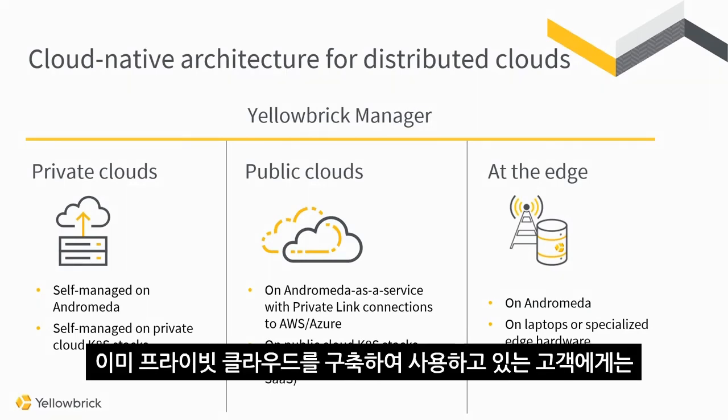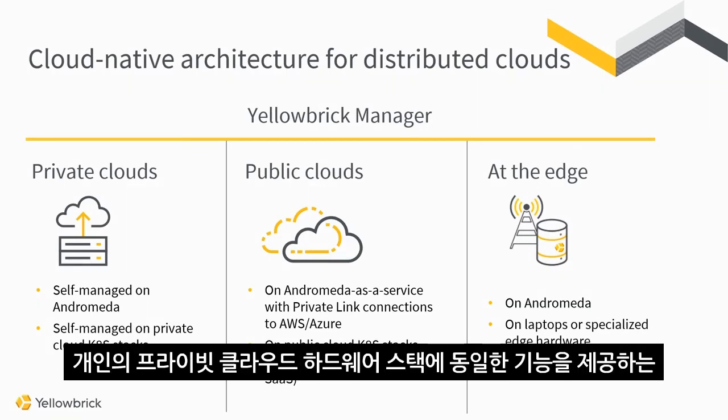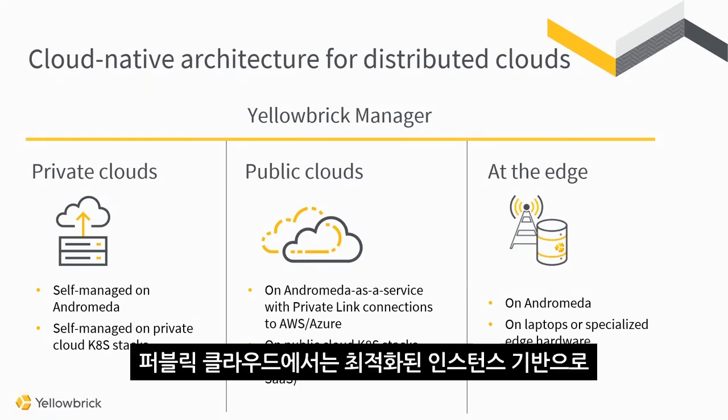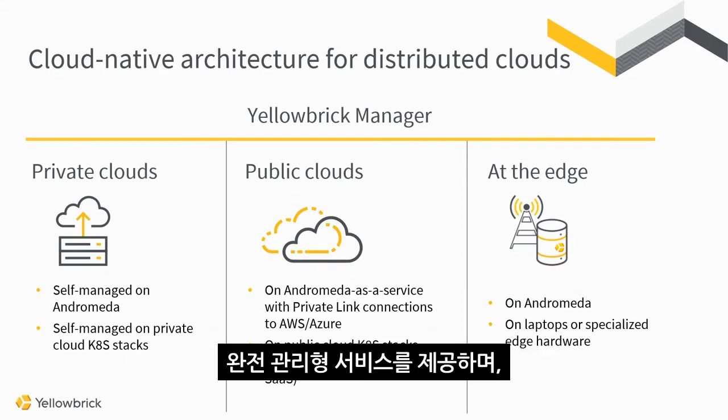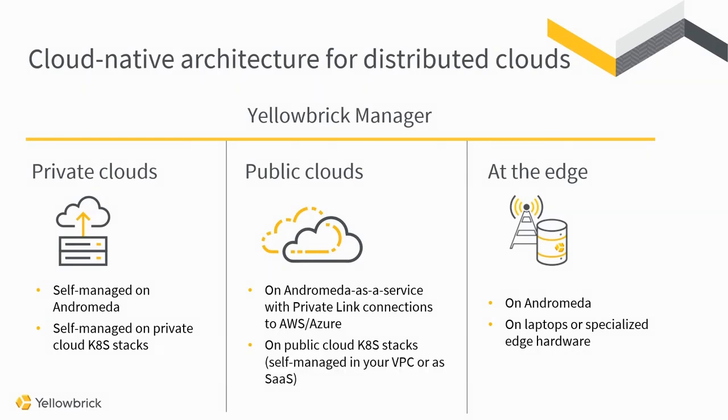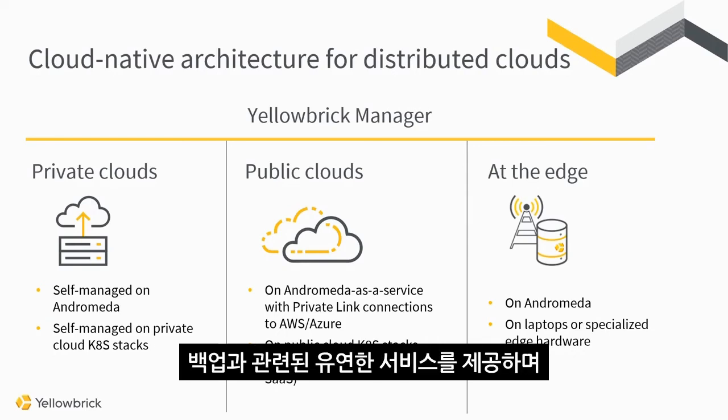If you already have your own private cloud up and running, we have you covered with our cloud-native Kubernetes-based solution that offers all the same features and functions on your own private cloud hardware stack. In the public cloud, we offer a fully managed service based on our optimized instances, and this is a fully managed solution you can access via private link that offers flexible services around backups as well as replication for disaster recovery.